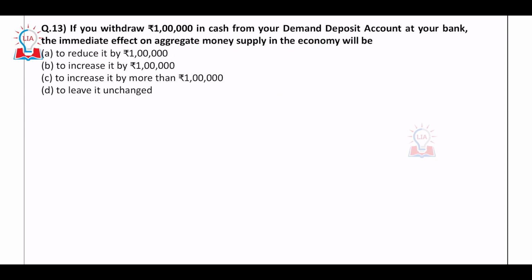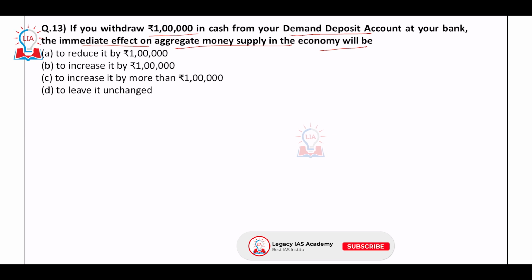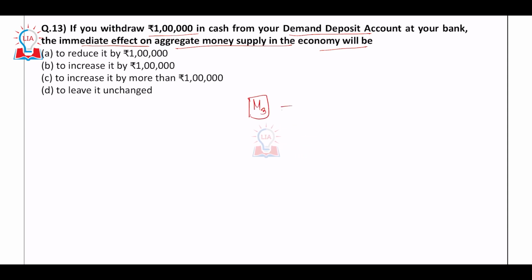And finally, if you withdraw 1 lakh rupees in cash from your demand deposits account at your bank, the immediate effect on aggregate money supply in the economy will be. So basically, it is talking about what would happen to M3, right, if you withdraw the money from the demand deposits.